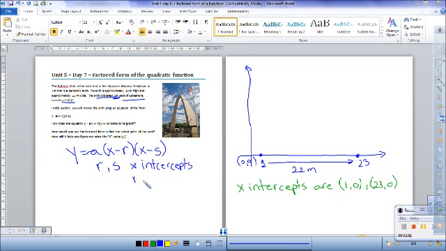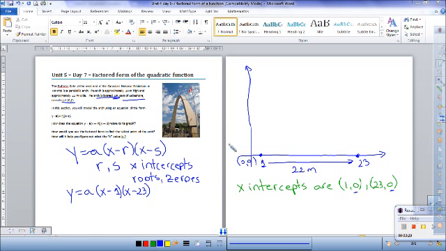We also call them roots, or you might hear people talking about them as zeros, from the fact that the y-coordinate for that point is 0. So if r and s are the x-intercepts, and for the Dufferin Gate the x-intercepts are 1 and 23, let's see if we can replace those numbers and start filling in our equation. So y equals a times (x minus 1) times (x minus 23).